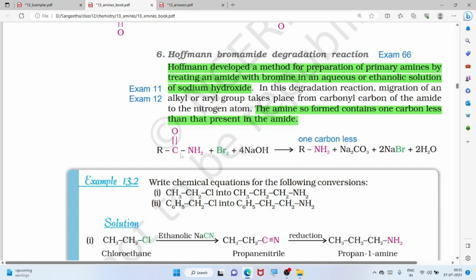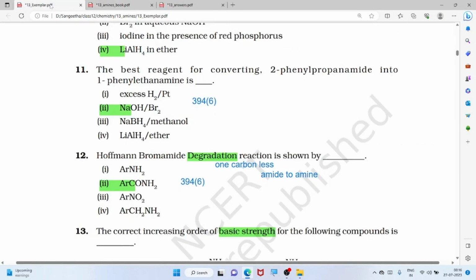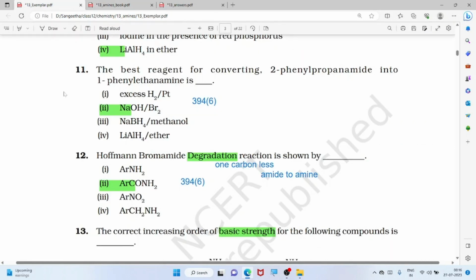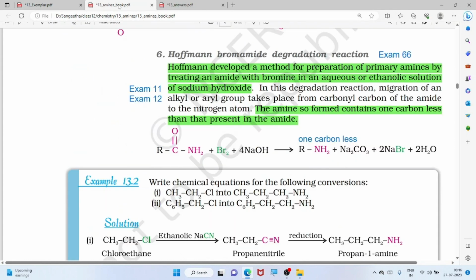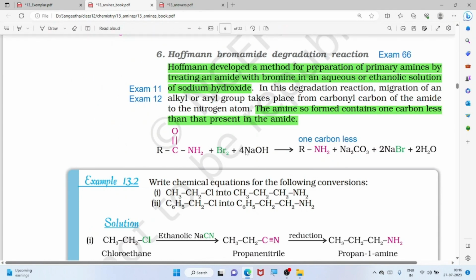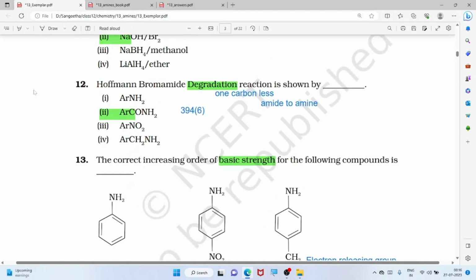So here, one carbon less than this. Hoffmann bromamide degradation reaction, here using sodium hydroxide. Hoffmann bromamide degradation reaction is shown by the amide, ArCONH2.